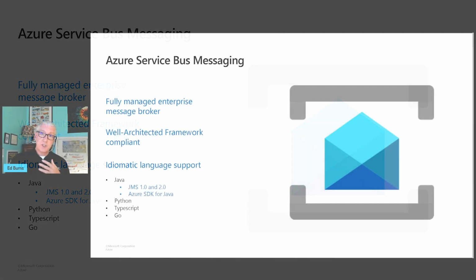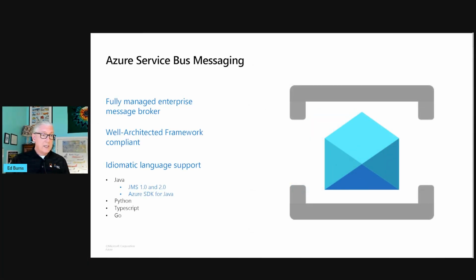In the Java case, which is the focus of this talk, we are going to be covering JMS 1.0 and 2.0, but there's another way to access Azure Service Bus from Java that does expose the full breadth and depth of the functionality of the product itself, and that's via the Azure SDK. So that's a whole other talk that we will have some resources on.